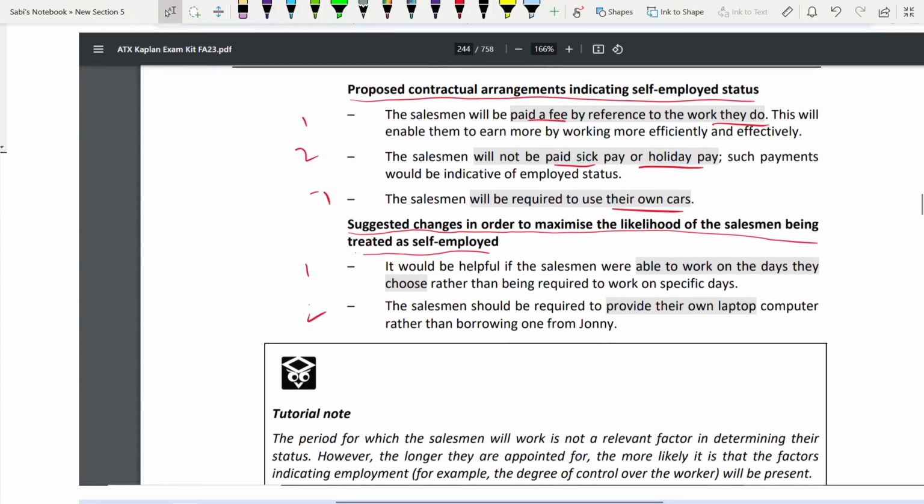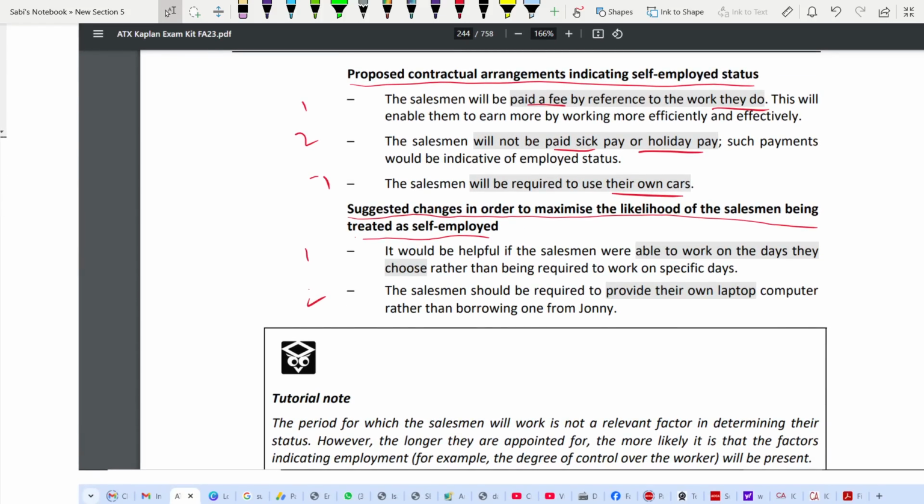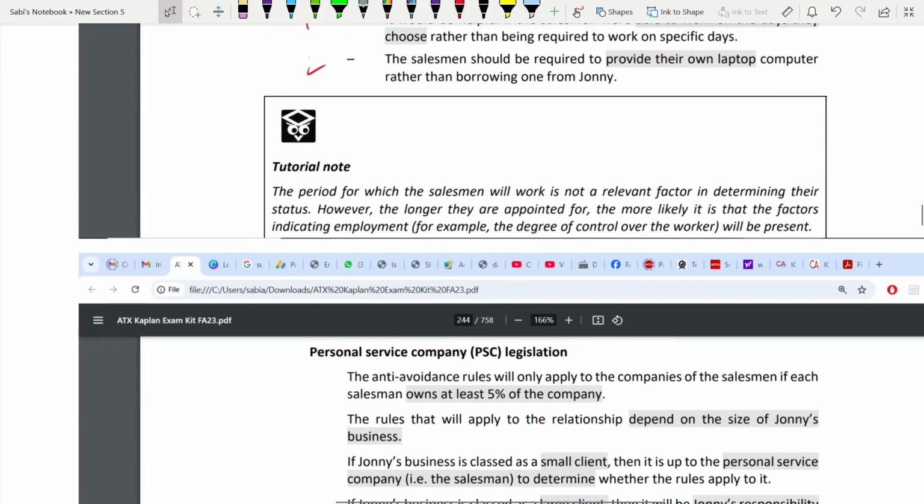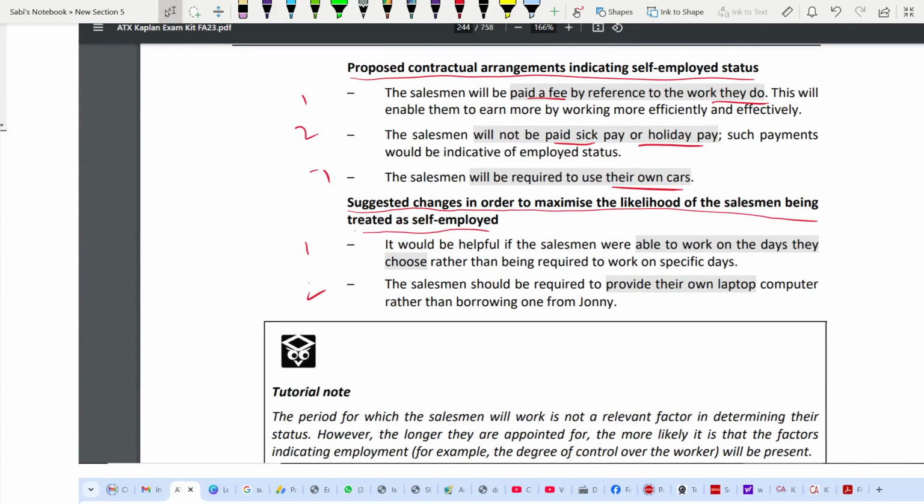Now, in order to maximize the likelihood of salesmen being treated as self-employed, what do you have to do? What are the changes? There's two changes. Number one, rather than borrowing the laptop from Johnny, provide their own laptop computer. Salesmen better that they use their own laptop so that they are treated as self-employed.